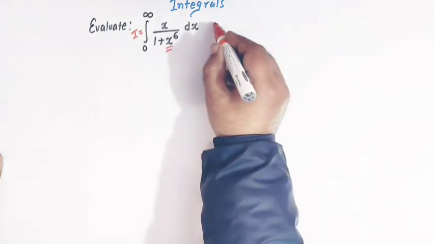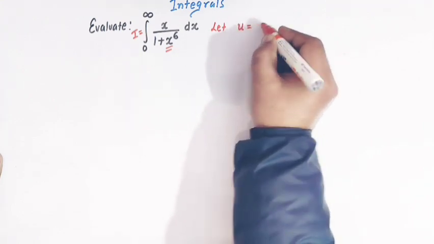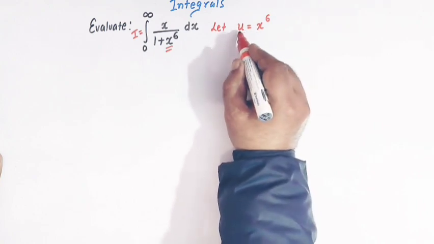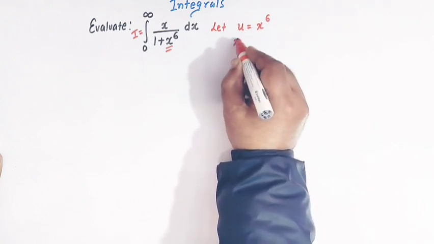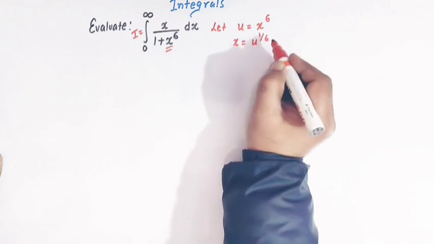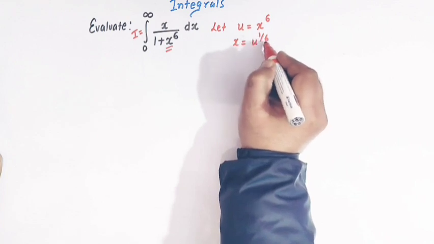So we'll make a substitution, say u is equal to x raised to 6. So when we take u is equal to x raised to 6, then x can be written as u raised to 1 over 6. So here we have the power 1 over 6.